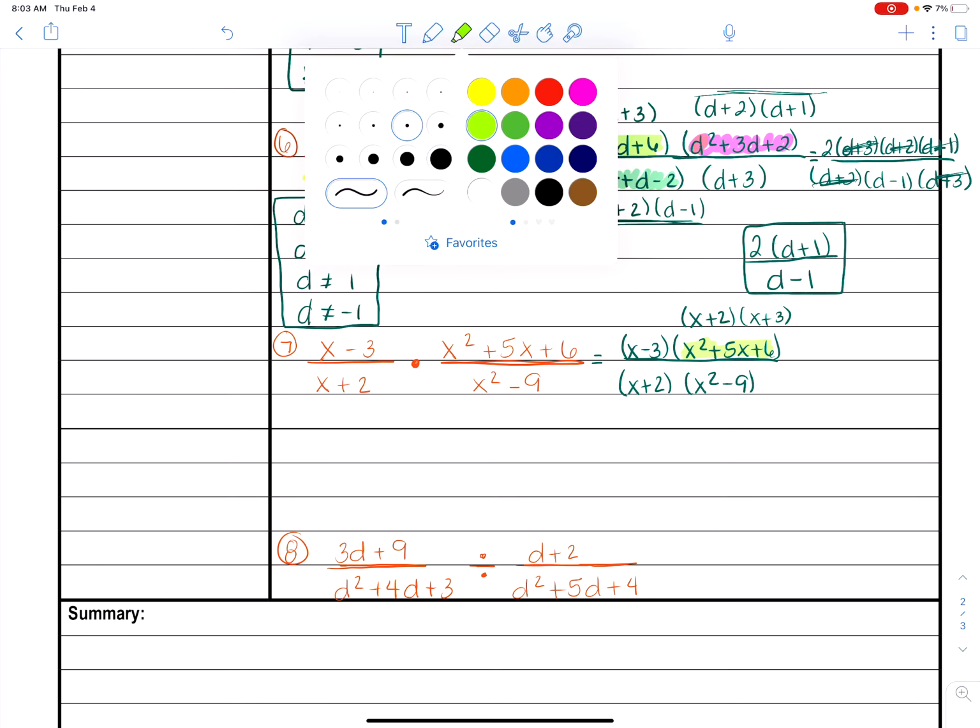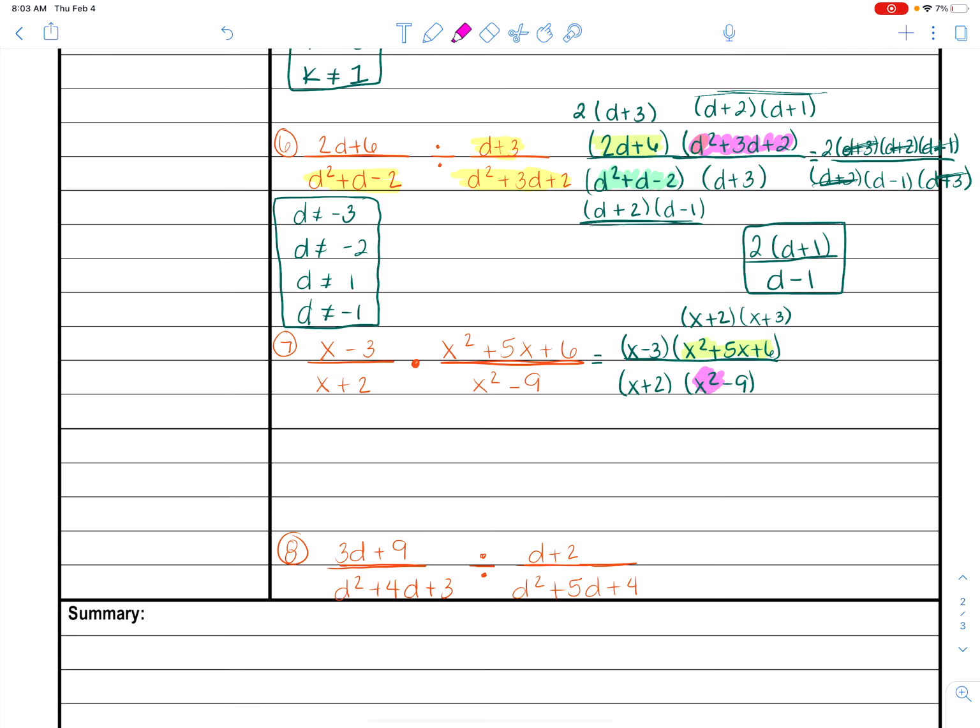We can also factor x squared minus 9 into x plus 3 and x minus 3. So really what I have is x minus 3, x plus 2, x plus 3, all divided by x plus 2, x plus 3, x minus 3.